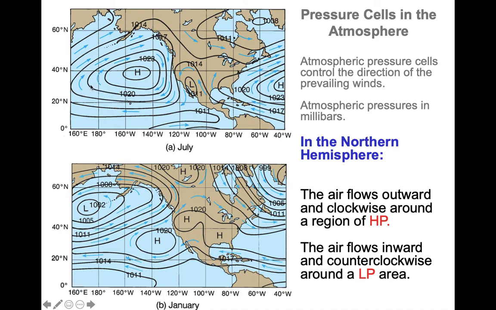And so as long as you stay on this particular curve, you are on the same isobar, which is 1020 millibar. So in high pressure systems, the airflow is outwards, upwards, and clockwise, but in the low pressure systems, air flows inwards and counterclockwise.